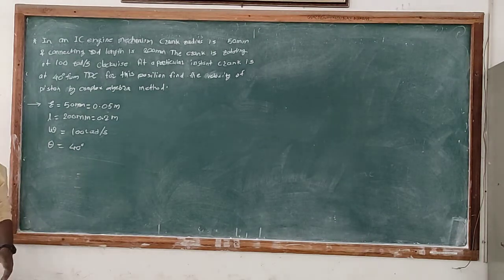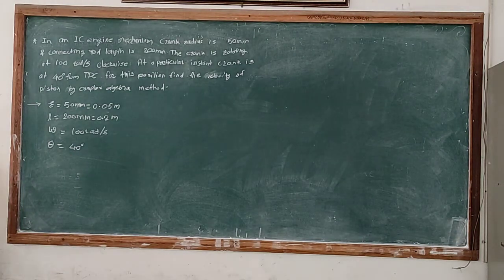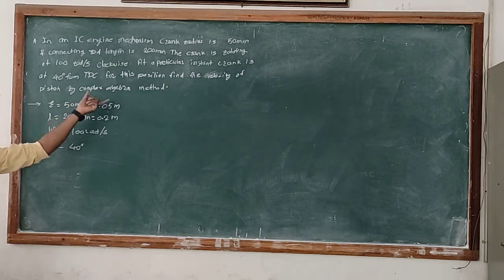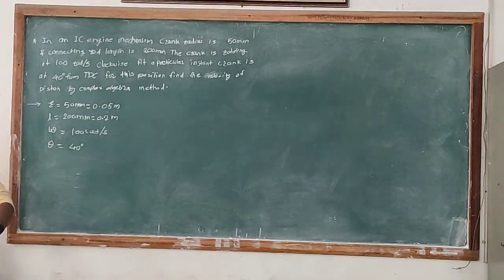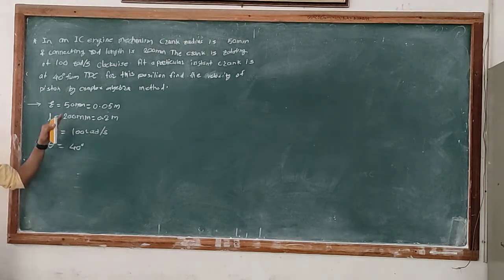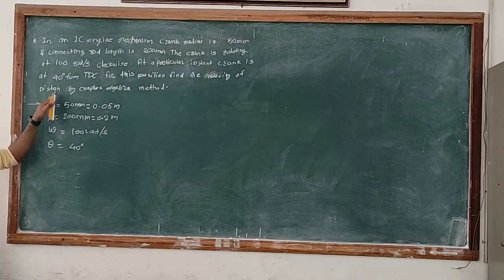They ask us to find the velocity of the piston by using the complex algebra method. We can solve this numerical by the analytical method, but here they specify to find it by the complex algebra method. Before solving, we will draw the mechanism.